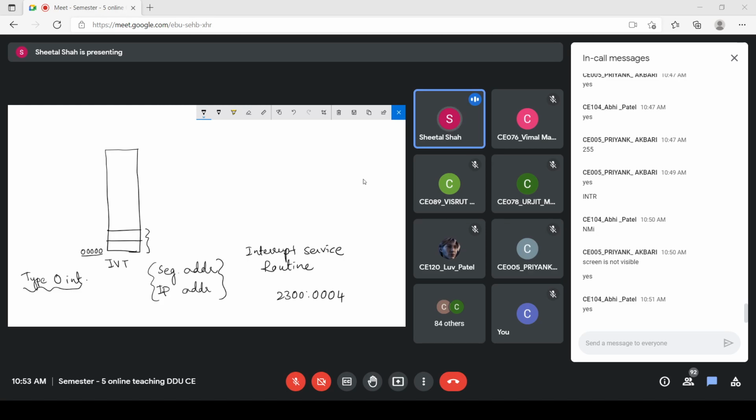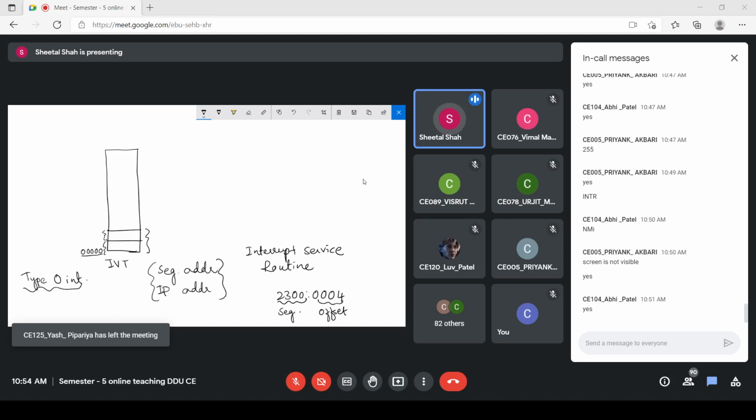Assume that it is written as 2300:0004. That means this is my segment address and this is the offset value. So now in this case, 2 bytes are reserved for storing the segment address and 2 more bytes are used for storing the offset value.